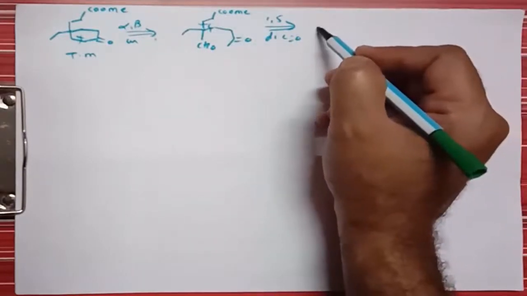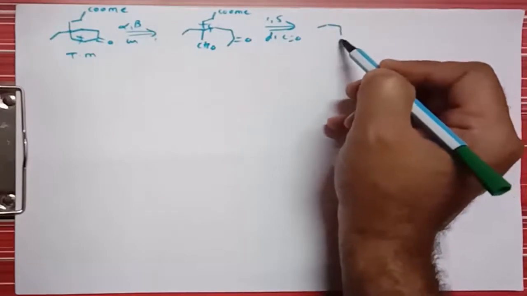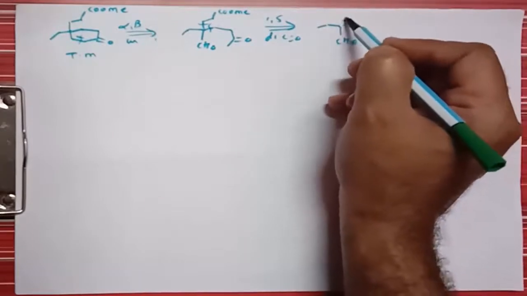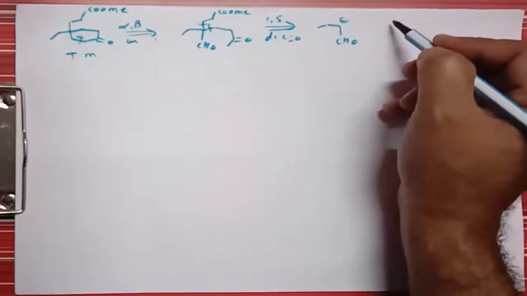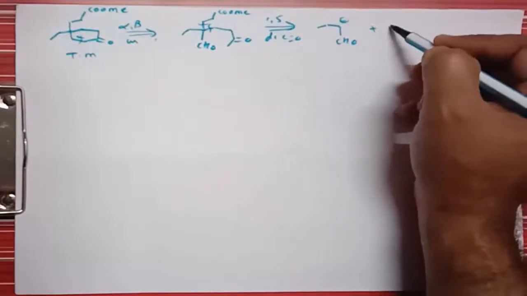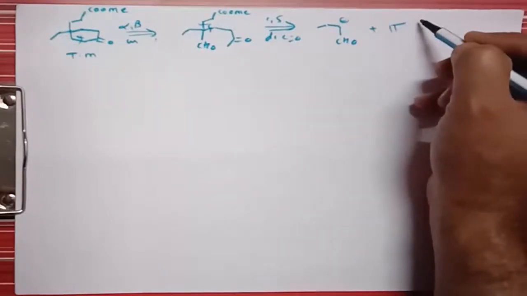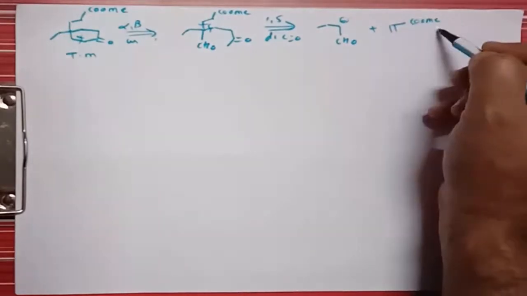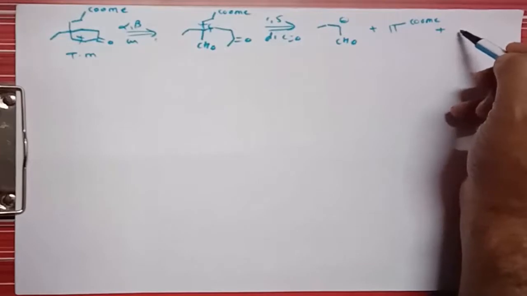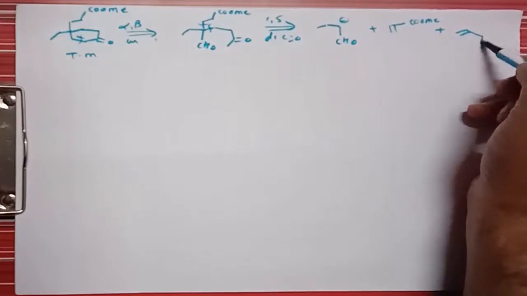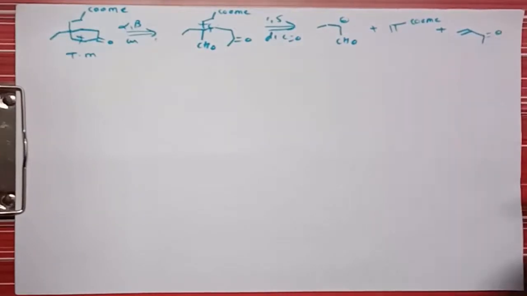So what we get? From one side we get a negative charge on this aldehyde functional group, along with formation of a double bond on the other carbon compound, and again there is one more carbon-carbon double bond.